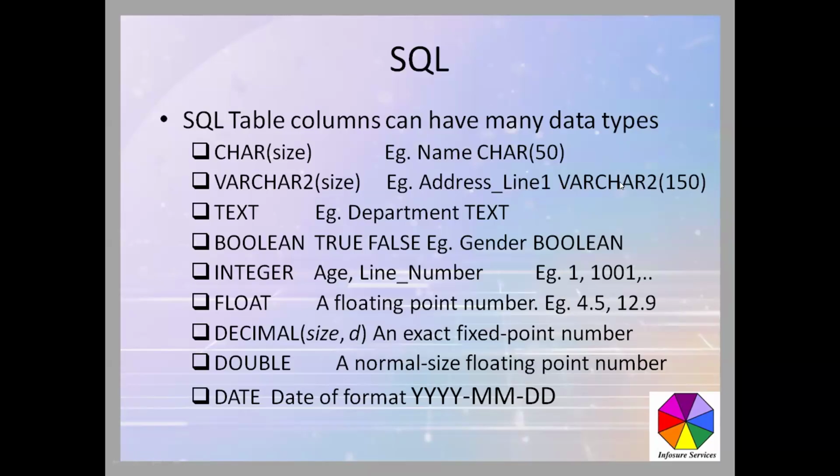Why this way? Because my address on that particular record could be a max of 150. In one row it could be 100, another record could be 80.